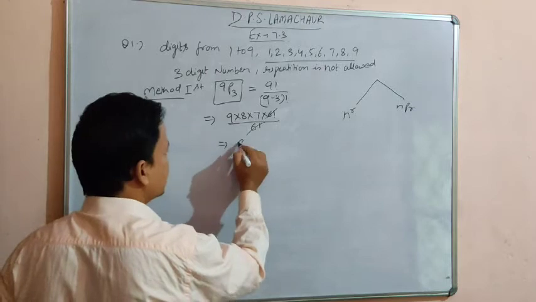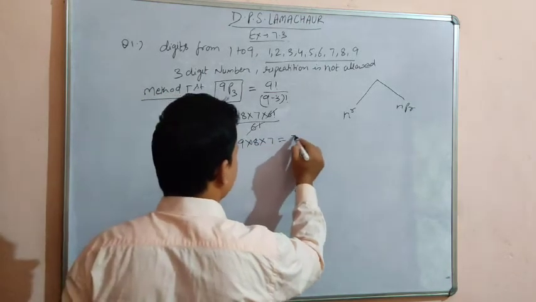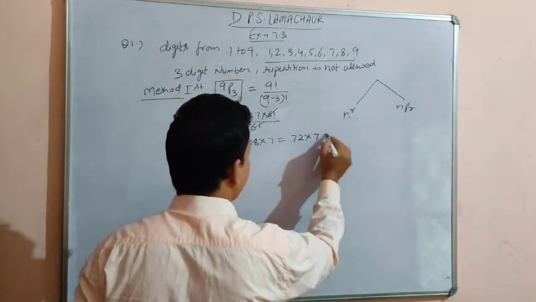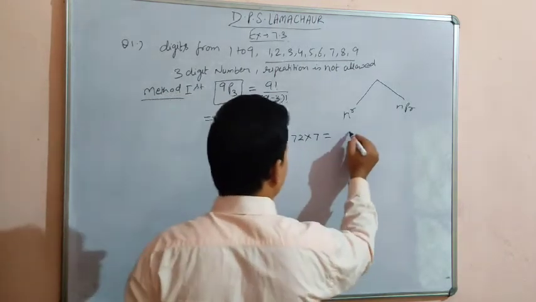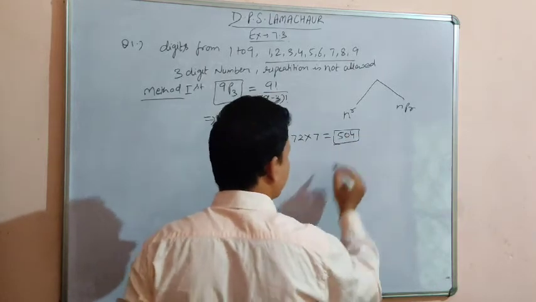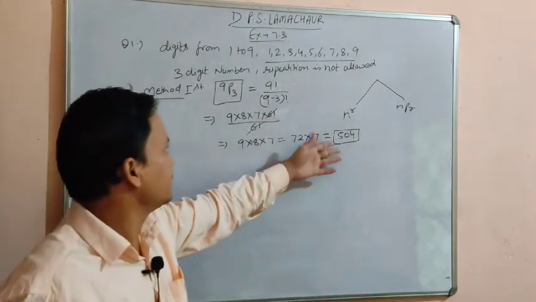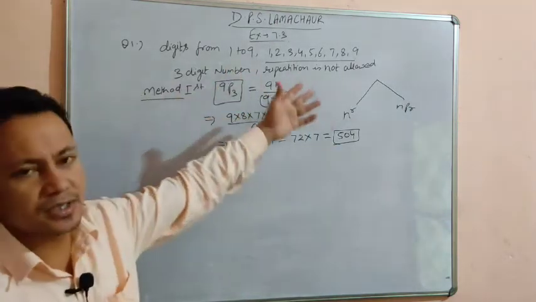So what is the required answer? 9 into 8 into 7, that is 504 arrangements. You can say 504 numbers when repetition is not allowed.